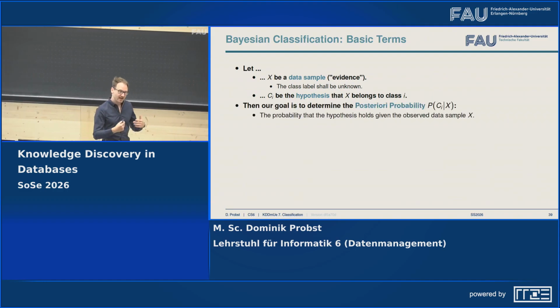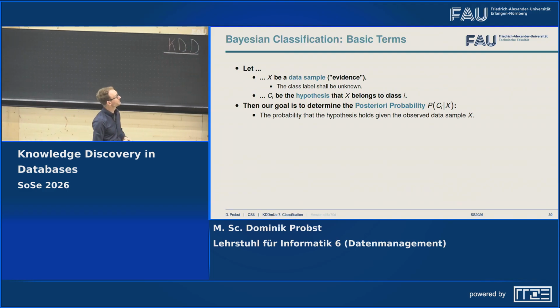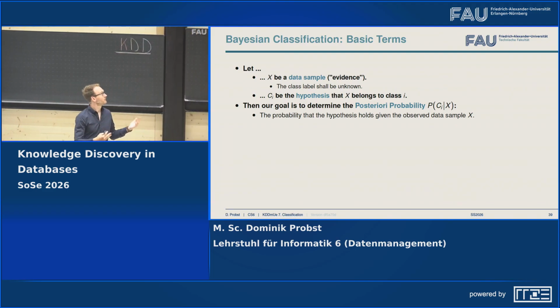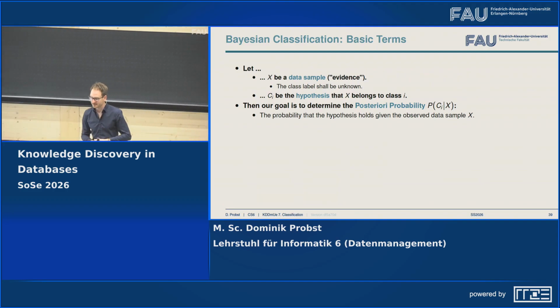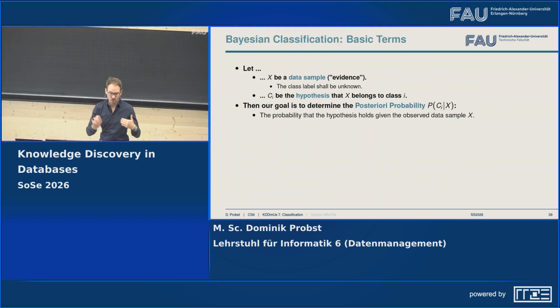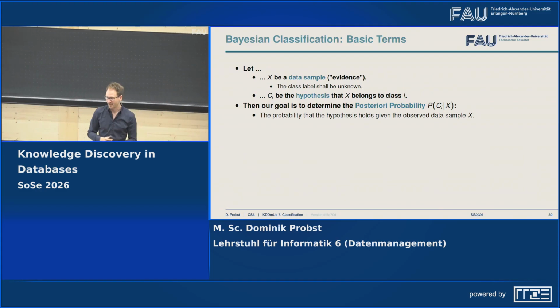We try to find the so-called posteriori probability P of Ci given X, that X belongs to this class Ci. So that's the probability that our hypothesis holds for this data sample X.